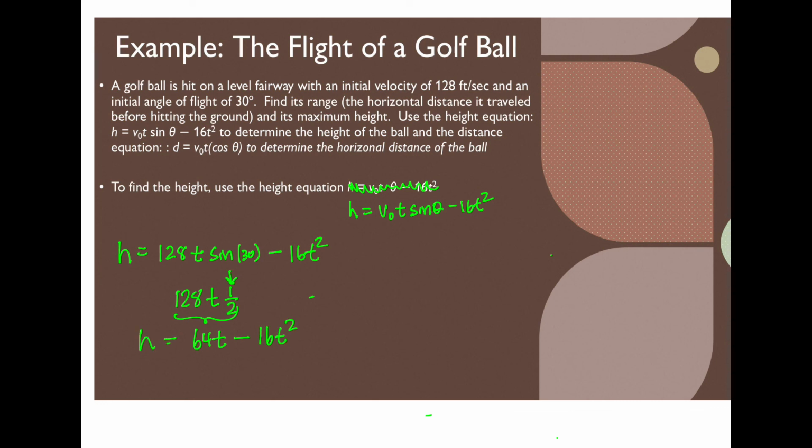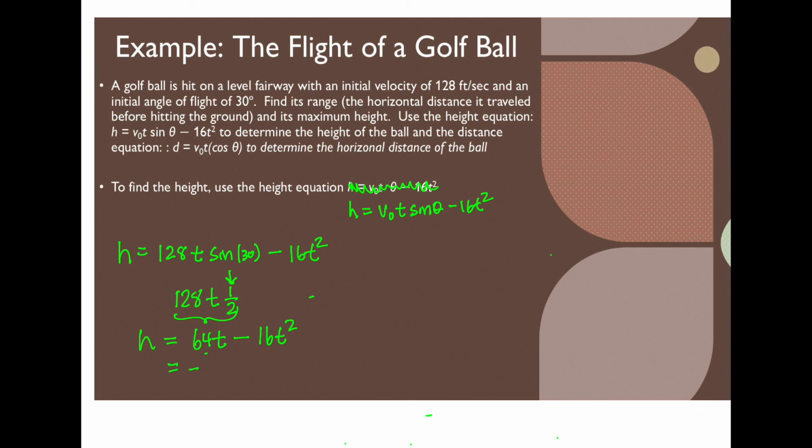That's my height equation. We can tell that this is a quadratic equation, but both of these terms contain a t, and they both contain a 16. While I'm at it, I'm going to go ahead and factor out the negative part as well. It's just going to help me see things a little clearer.